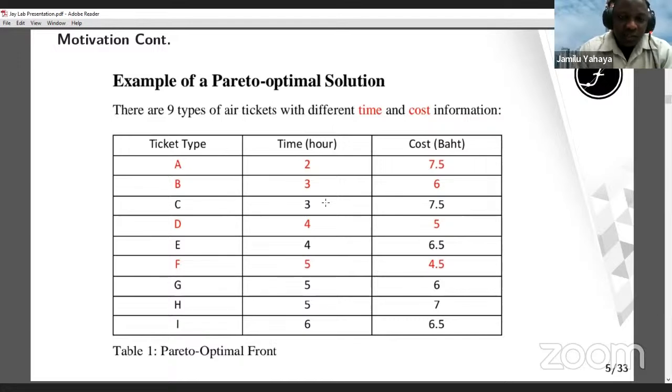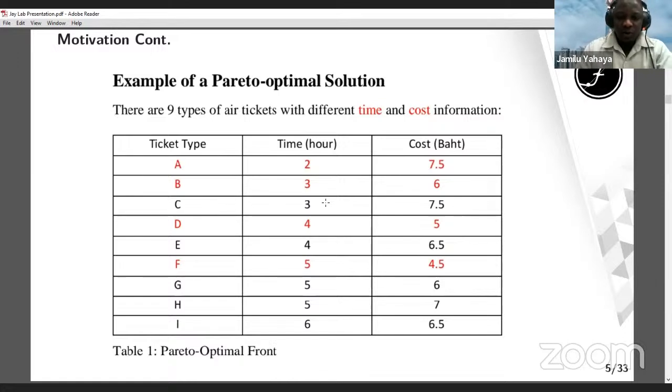The target here is to minimize the time and to minimize the cost. Maybe you want to travel and you have 9 options of air tickets, but you want a ticket that is less in price, while the time taken to reach your destination is also less compared to others.